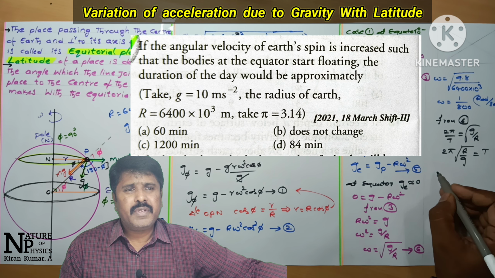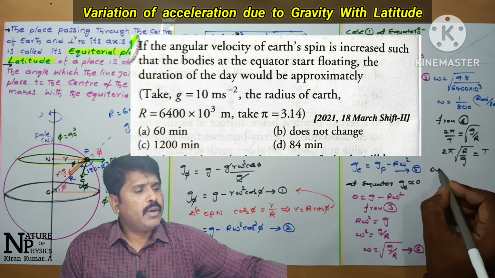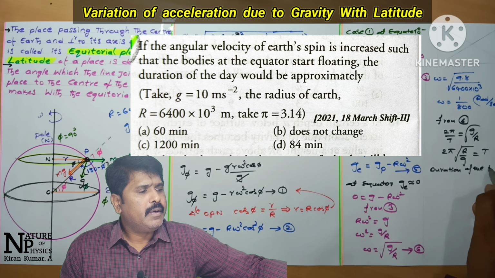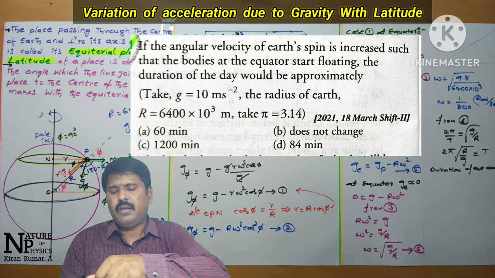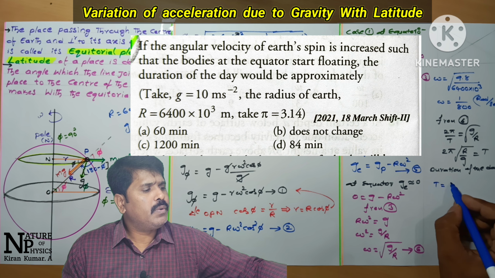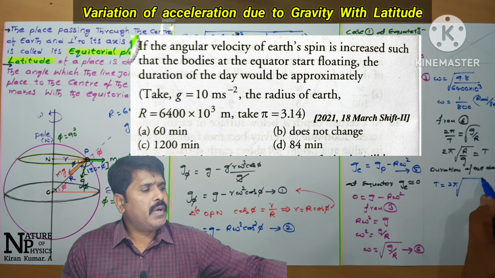So the duration of the day according to the question, that is T, is equal to 2 pi root over R divided by g.